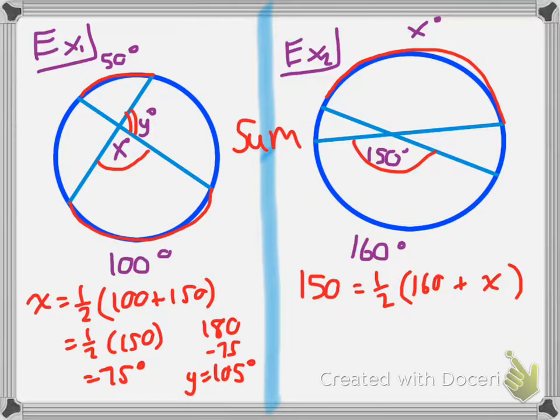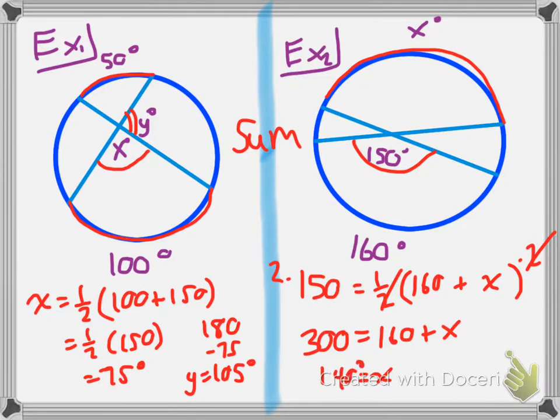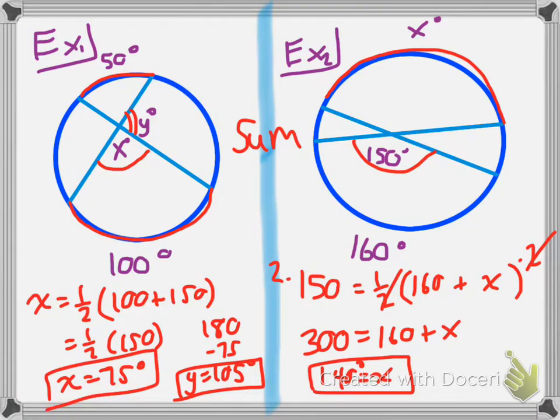I like to just get rid of the half by multiplying both sides by 2, because that will make those cancel. So multiply both sides by 2. You get 300 equals 160 plus x. Subtract 160, and you get x equals 140 degrees. Okay, so those are the answers for you there. Again, this proof's pretty straightforward. It's not too complicated, but it can throw some curveballs at you.